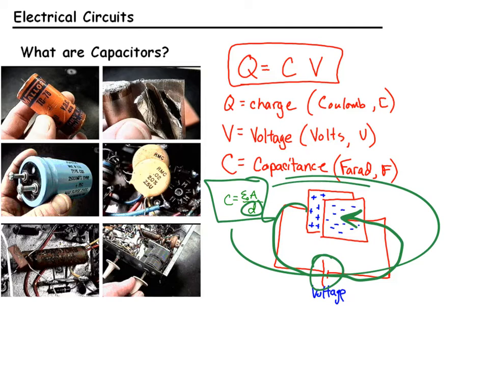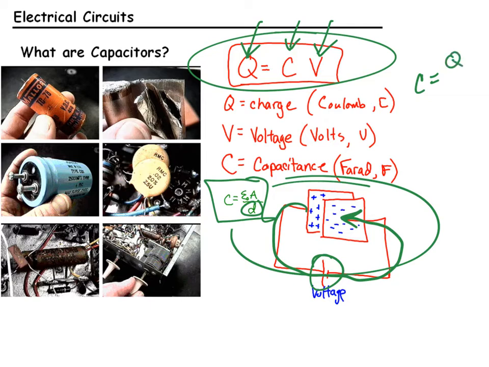The main equation governing this is right here. Q is the symbol we use for charge, V for voltage or EMF, and C is a measurement called capacitance. Now, what is capacitance? Capacitance really is how well that thing stores charge.